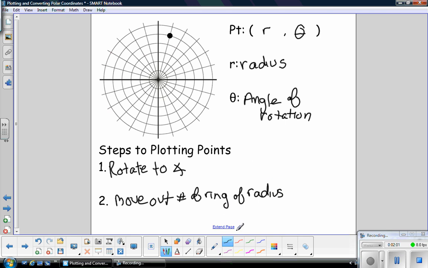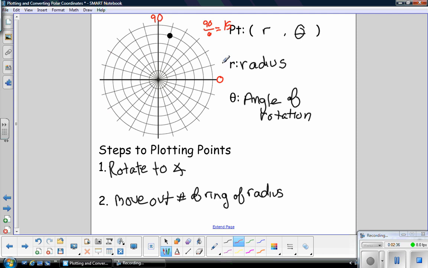So thinking of this point that I have here, first figure out what your scale is, because everyone's going to be different. I like this polar grid, so this is the one I'm going to be using. From 0, remember from trigonometry, to 90 degrees, divide that up equally into all of these pieces. With 1, 2, 3, 4, 5, I have 6 units, so 90 divided by 6, that's going to be 15.